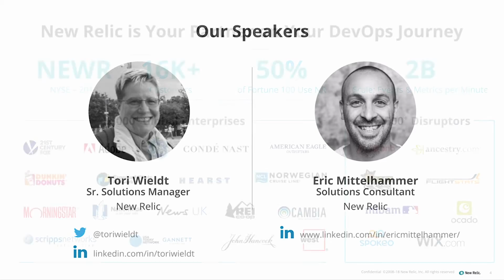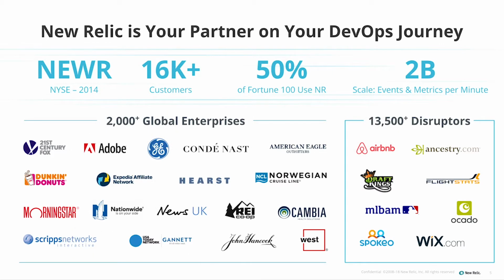So, for those of you that don't know New Relic, we can be your partner on your DevOps journey. We're a company that's helped a lot of companies, small unicorns and large Fortune 100 companies, making their journey in DevOps. And how do you do that? And how do you move along so you can move forward with confidence?